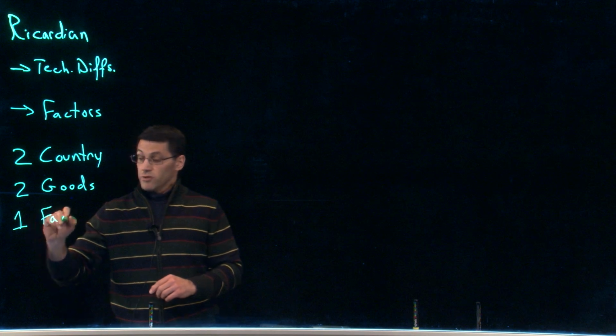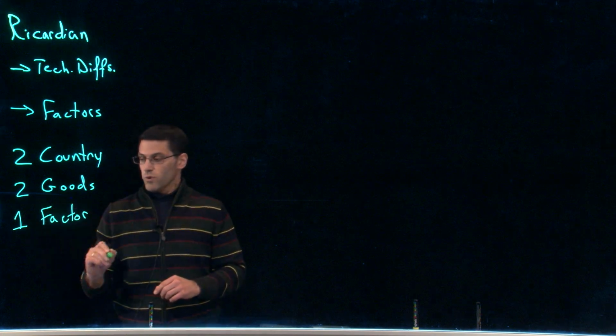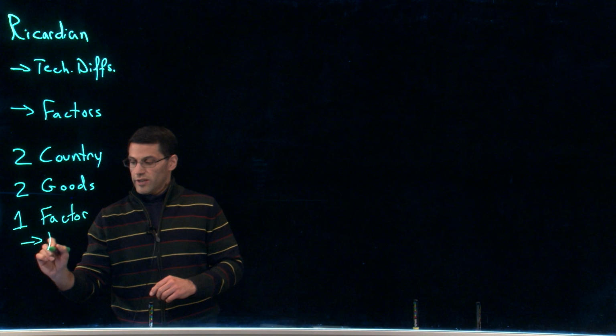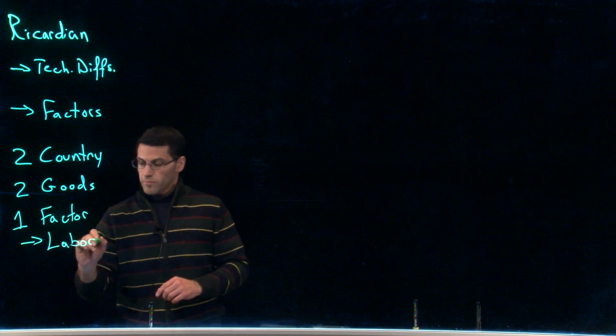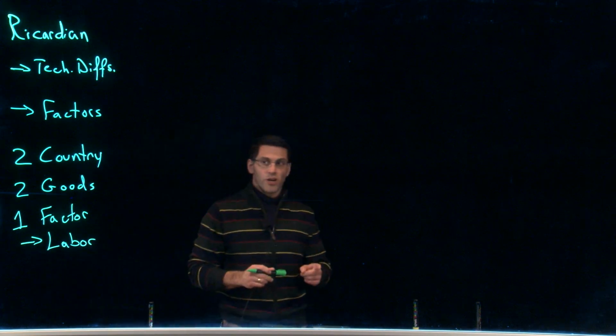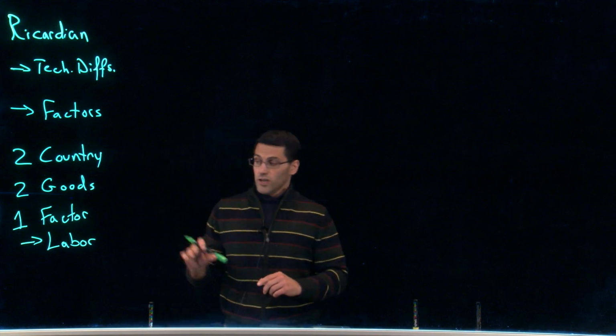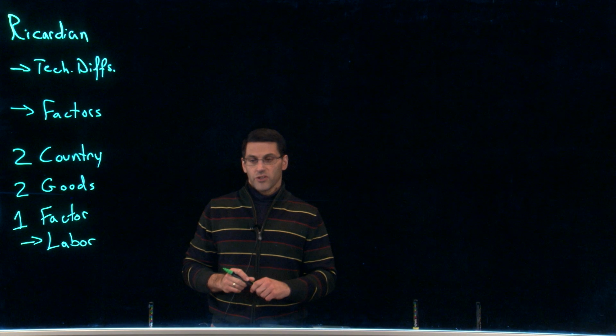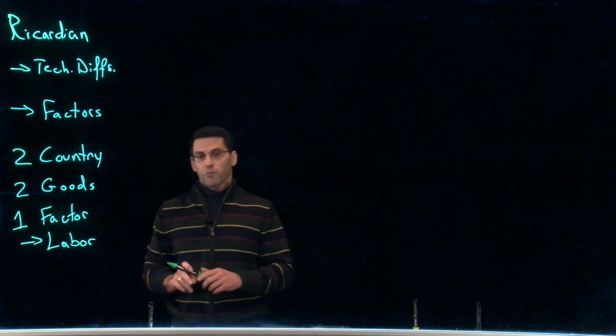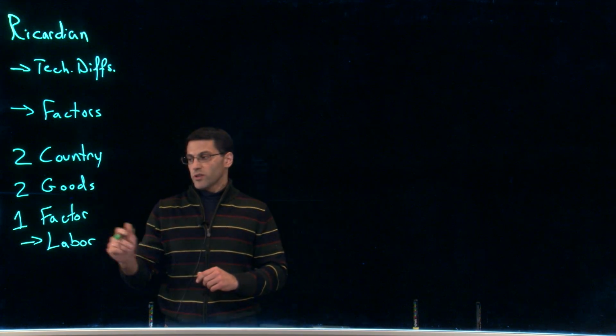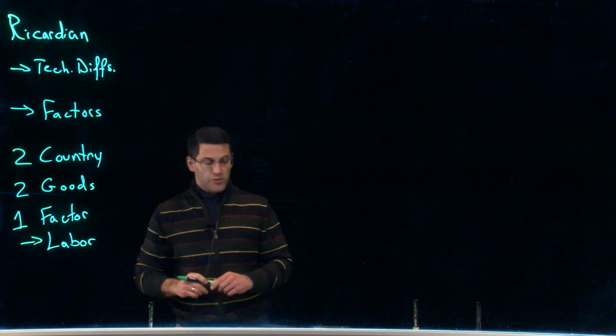In this model, it's the simplest one we're going to talk about. There's only one factor of production, and that is labor. So this is a 2-country, 2-good, 1-factor of production model. You'll see that the next 2 models we do, the next 2 chapters, we're going to keep the first 2 parts the same, 2 countries, 2 goods, but we're going to have different factors of production.